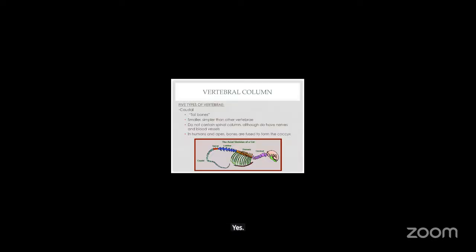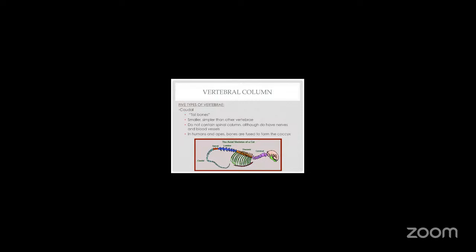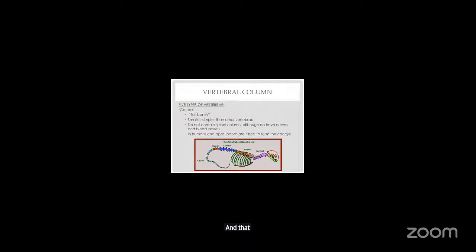And then the last but not the least of all the bones of the vertebral column is the caudal vertebrae. That essentially translates to the tail bones.